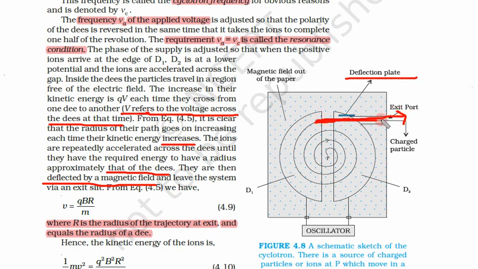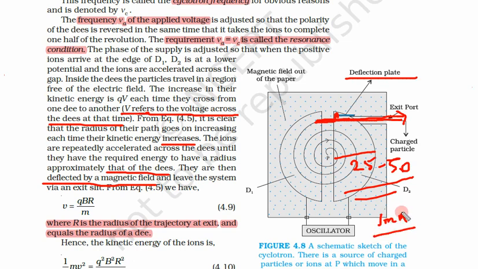this slit. So here it is shown that there is a huge gap between the Ds, but in reality there is a very small gap. The radius of this D is around 25 to 50 centimeter, and this gap is hardly 1 millimeter.